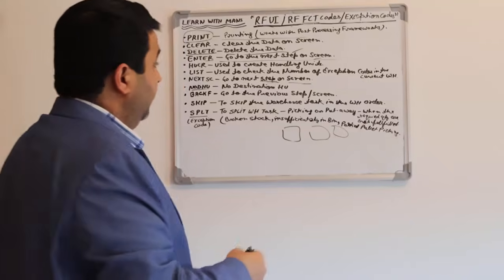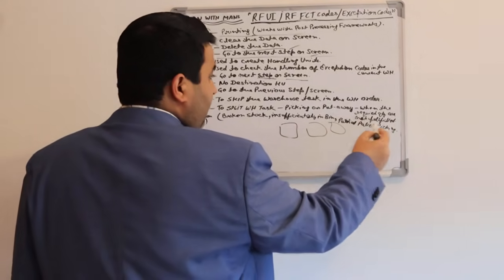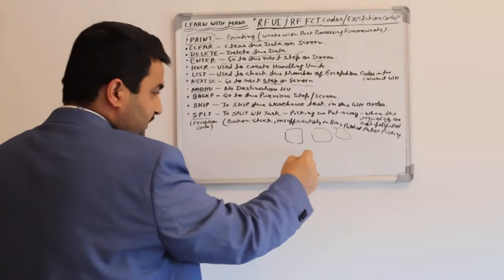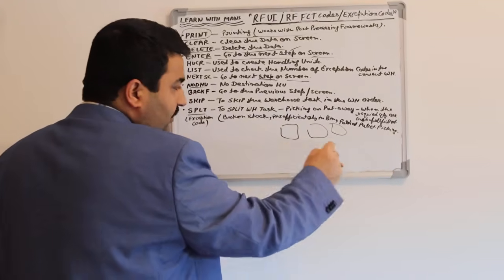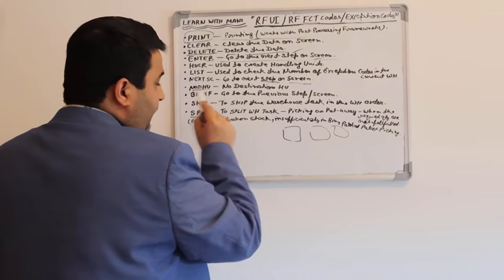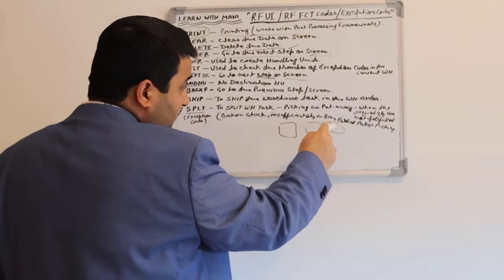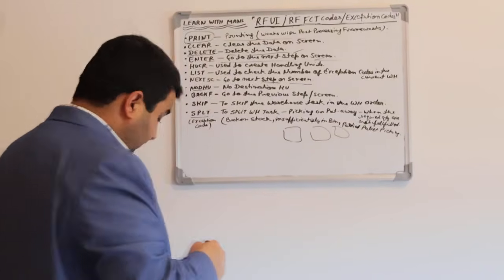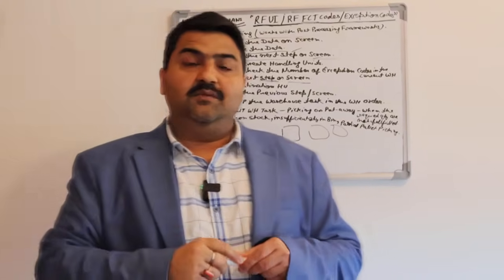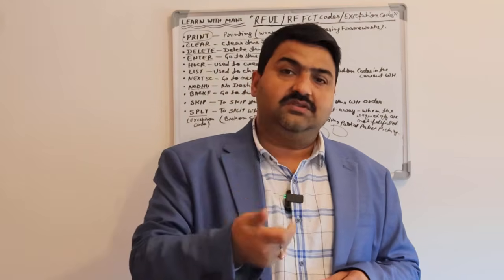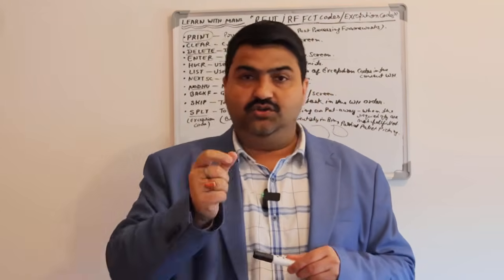Why? In picking or put away, when the required quantity is not fulfilled, we may skip the particular current warehouse task. Suppose we have broken stock, insufficient quantity in the bin, or partial pallet picking. At that time this SPLT exception code helps the warehouse users.